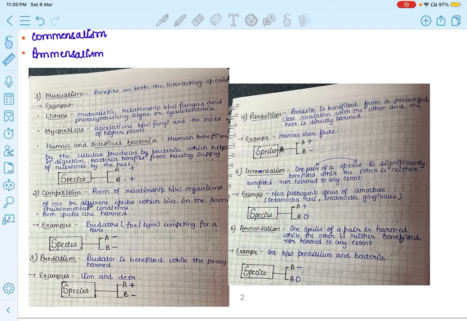It may develop many kinds of liver diseases then. So the host is human. He is getting harmed, but the parasite is benefited, right? So the parasite is getting benefited while the host is getting harmed. So only one of them is getting benefited.